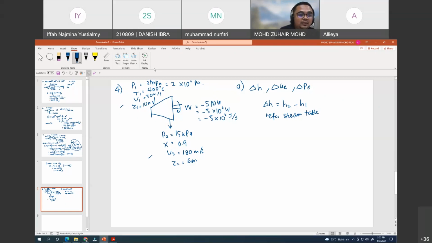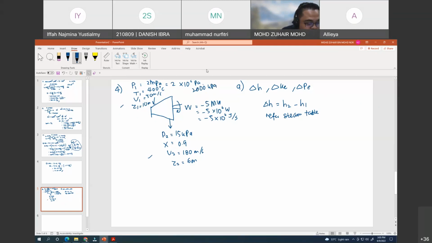Okay, what about the pressure? 2 MPa, kalau MPa maknanya 2000 kilopascal kan? Ada tak 2000 kilopascal? Ada. Jumpa tak dekat A5? For the P of 2000 kilopascal, what is the temperature there?